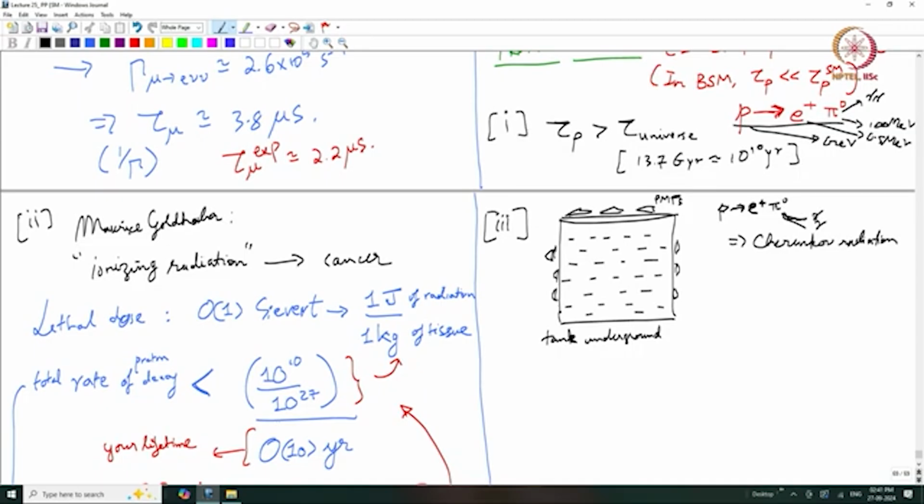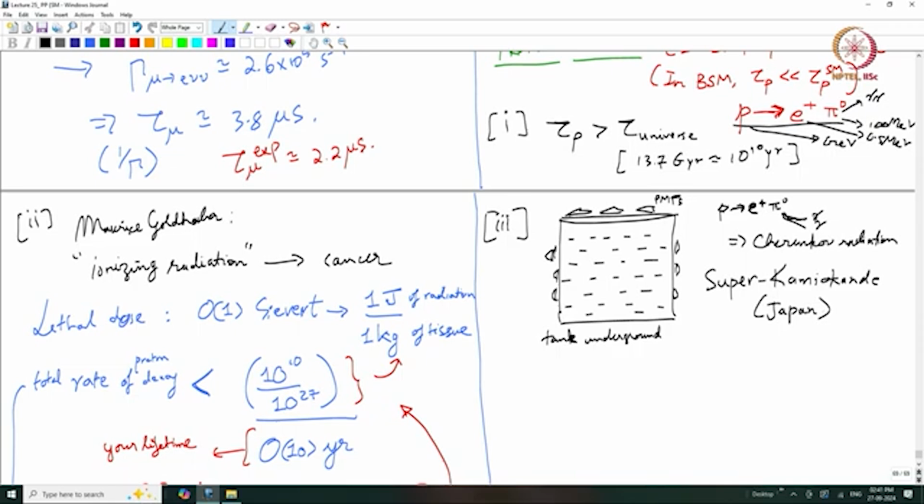And you can pick out the photons coming from the Cherenkov radiation in the PMTs. Okay. This is the principle of the leading experiment in this business called Super-Kamiokande. I have just described the essentials of that experiment, okay, in Japan.